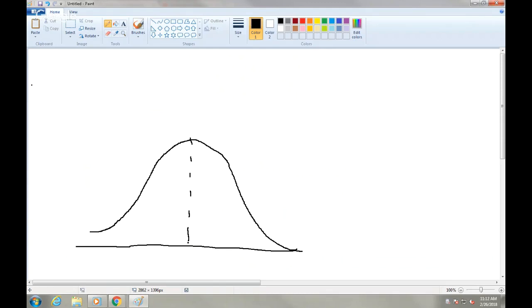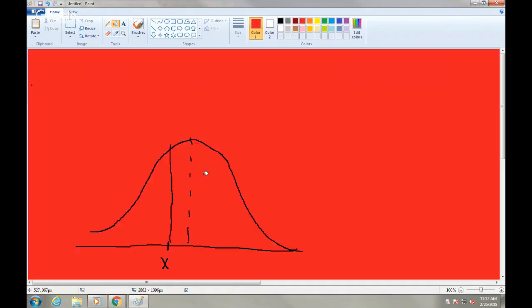Yeah, it's got to be the left, because you have to have a setup where more than half of the area is to the right. Okay, so here's my x. I don't know exactly where to put it, but it's somewhere over here. And hopefully I can do my little bucket fill here.